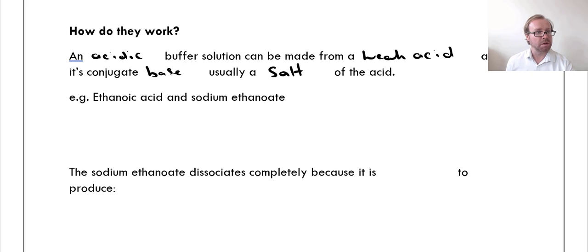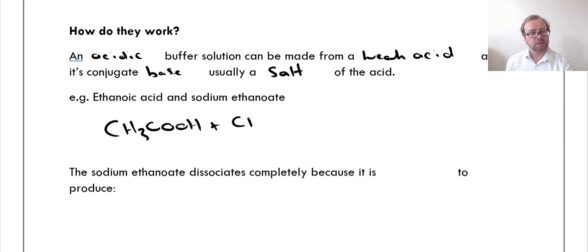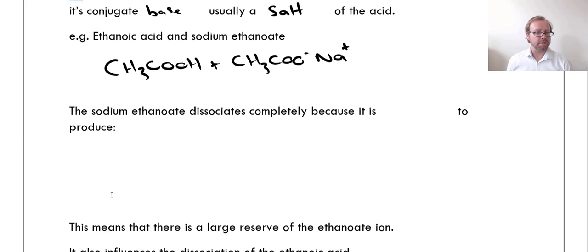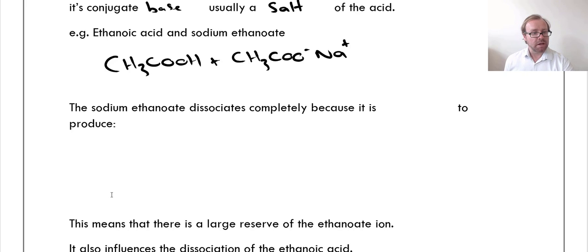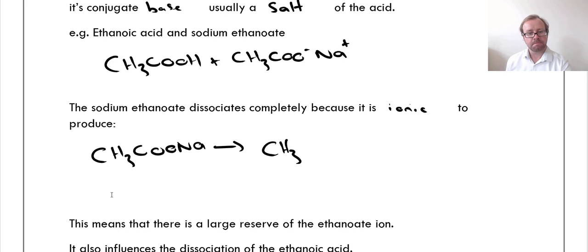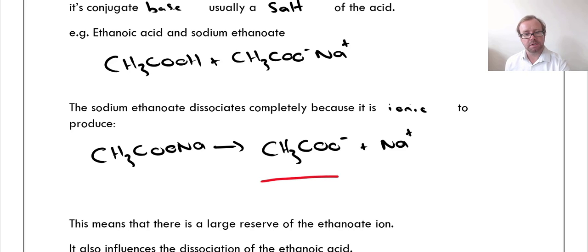So an example of a buffer solution would be ethanoic acid and sodium ethanoate. The sodium ethanoate dissociates completely because it is ionic and it produces the ethanoate ion. This is our important thing that we need to begin with.